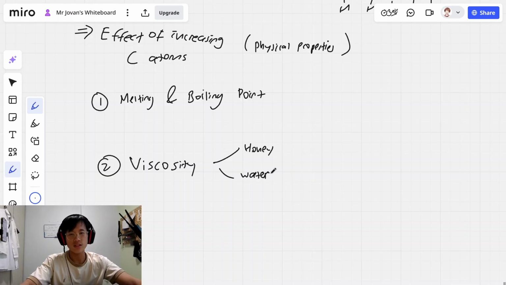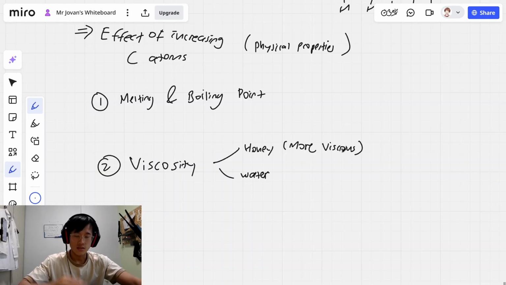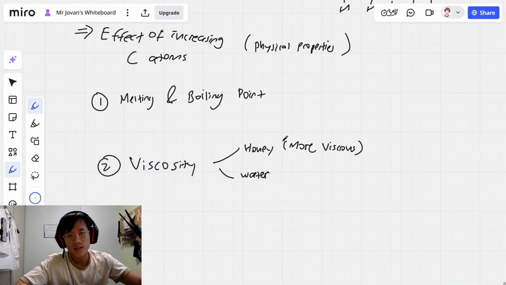If you don't drink water every day, then you should go get some help. Go drink more water. We know that water is so flowy. It just runs very quickly. Honey, on the other hand, is so sticky. So, by using these two examples, honey is more viscous. And how does the number of increasing carbon atoms change this? We'll go through in a bit.